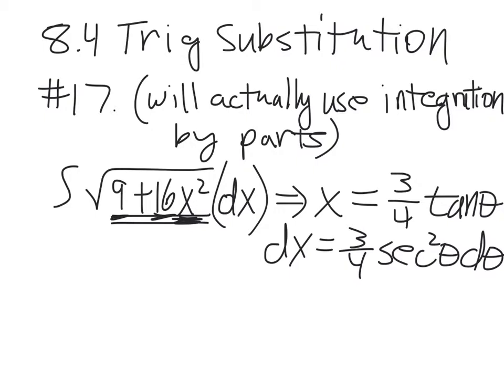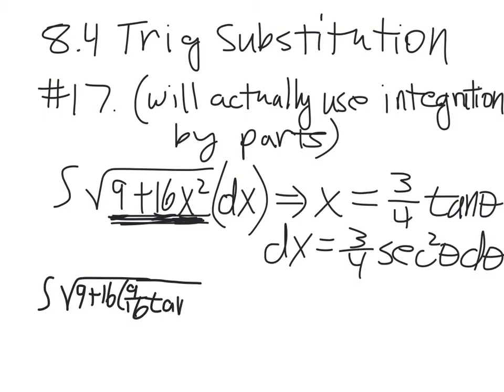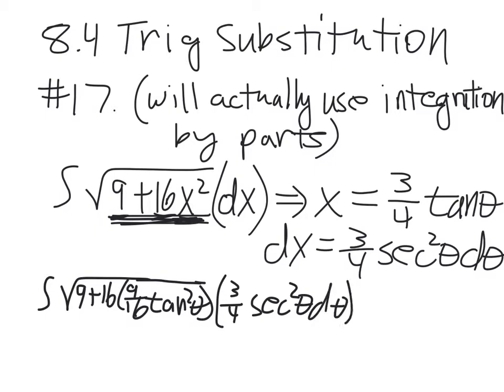So when we plug all this back in, well, like I said, the inside, we'll go through real quickly what I talked about. 3/4 tangent theta quantity squared would give us the 9/16 tangent squared theta, and then dx being the 3/4 secant squared theta d theta. And like I said, this simplifies.